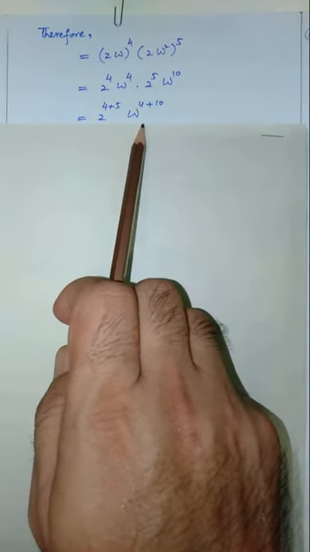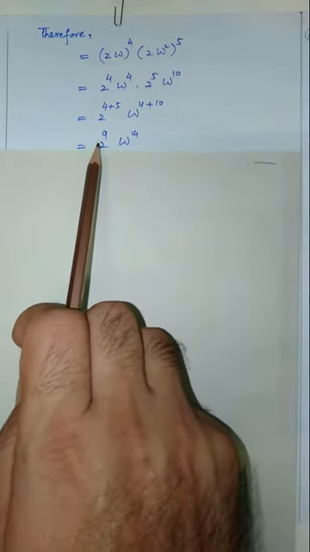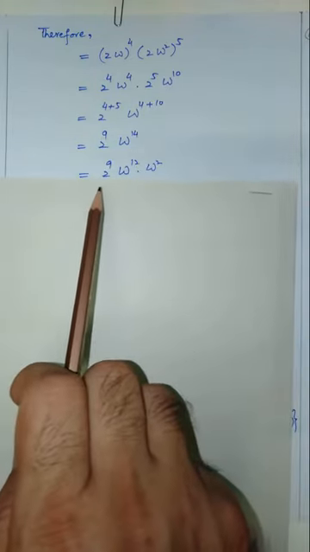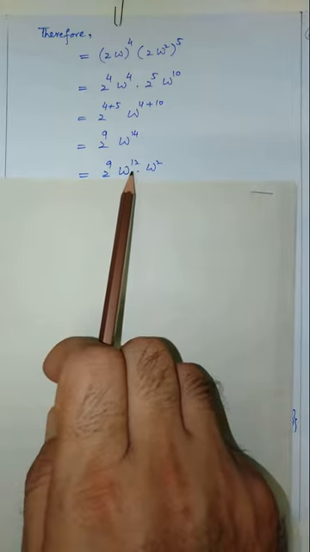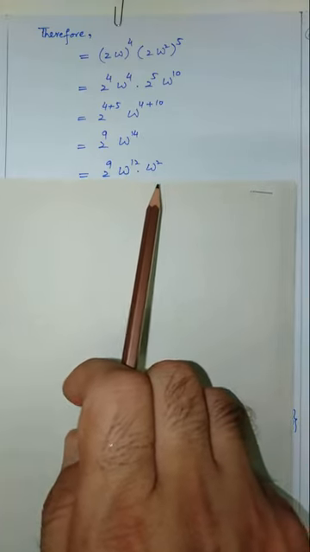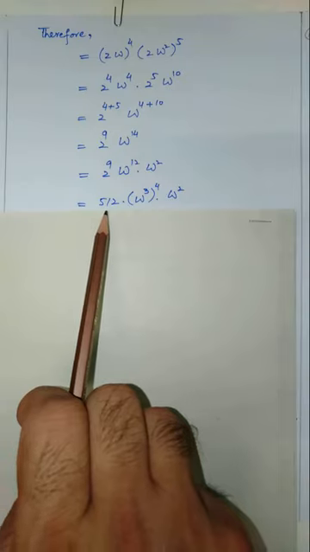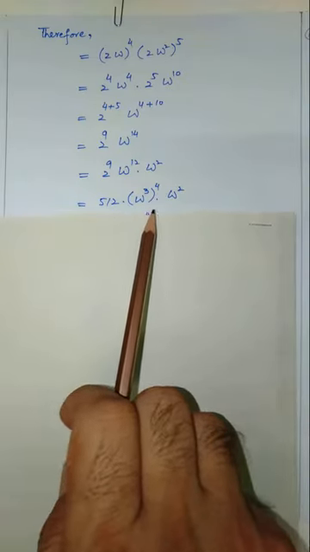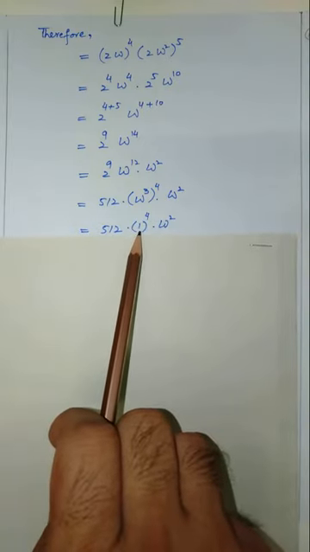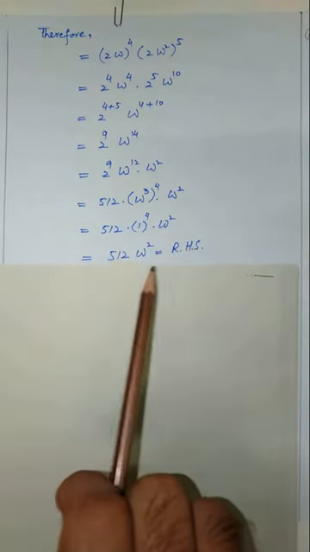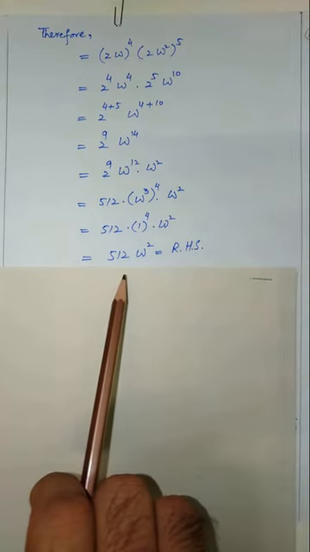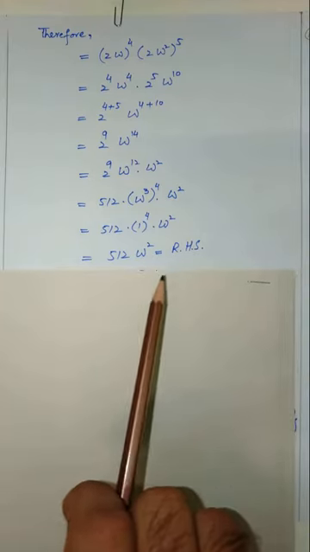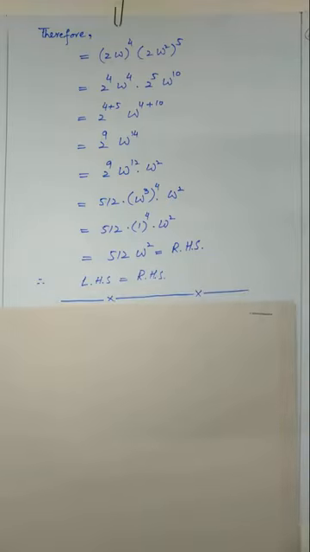So this is equal to 2 power 9 and omega power 14, which is equal to 2 power 9 omega power 12 dot omega square. Now this is equal to 512 (omega cube) power 4 and omega square. As omega cube is equal to 1, putting the values, after simplification, 512 omega square is equal to the right hand side. So the left hand side is equal to right hand side.